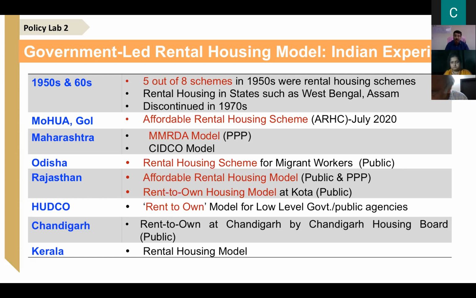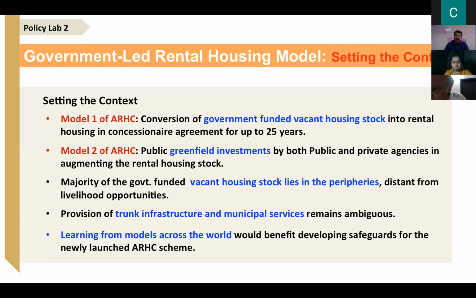The first model is the conversion of government-funded vacant housing stock into rental housing under a concession agreement for 25 years. It is called the RROT model: repair, retrofit, operate and transfer after 25 years. The second model says we have to develop greenfield housing by public and private agencies for augmenting rental stock.